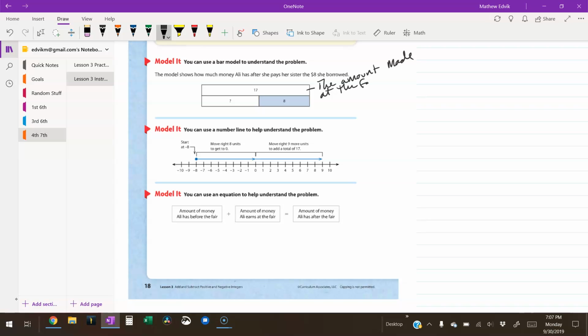So you guys will remember this, and that this was the amount she borrowed and paid back. And then we talked about how 9 was the amount that she made after she had paid back. So she made 17 total.